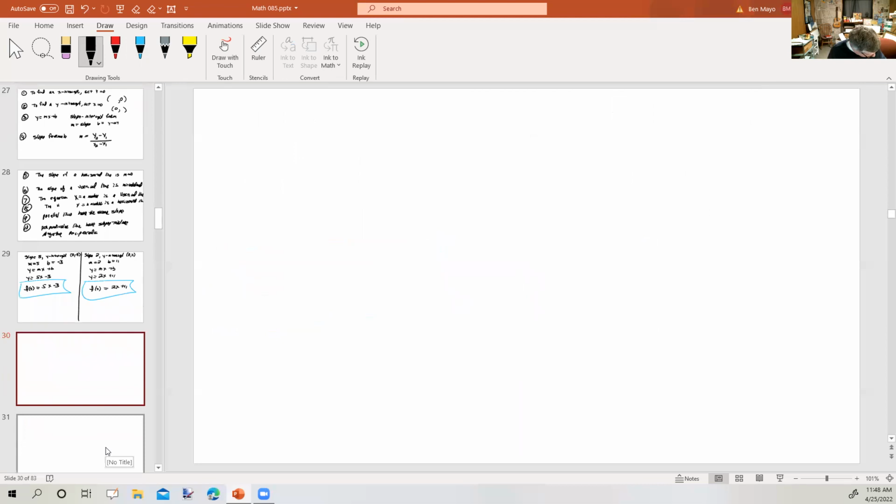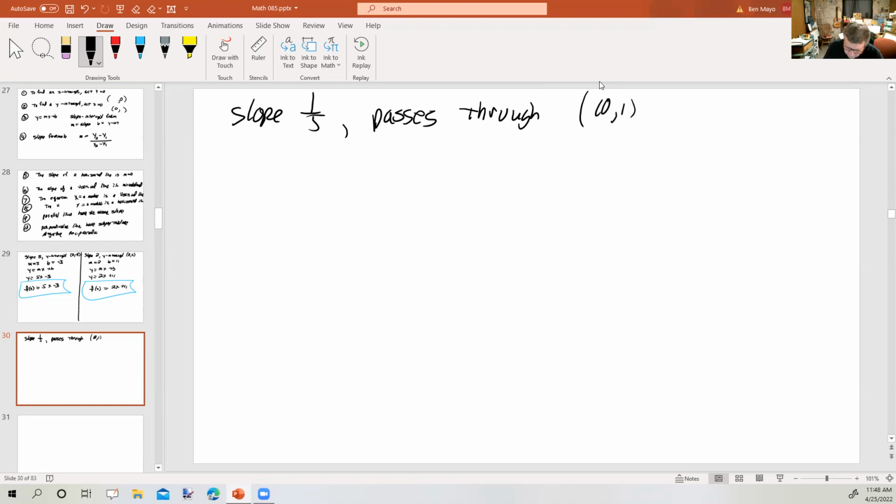Write an equation for a linear function that has a slope of 1/5 and passes through the point (10, 1). Okay, so I know that the slope is 1/5, but I don't know the y-intercept. But using y equals mx plus b and putting 1/5 in the place of m, I now need to find b.